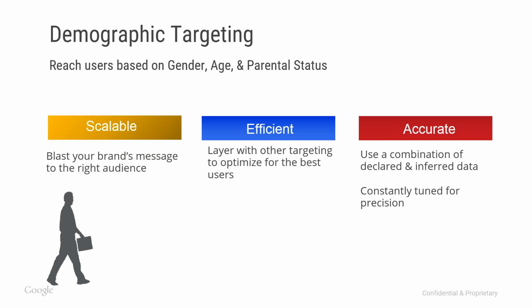Or you could layer this with the other forms of targeting that we discussed earlier. So let's say we discussed affinity. I can target all female audiences in the age range of 25 to 34, but only those female audiences who are travel buffs. So you could just target the demographic, or you could layer it with other options available.